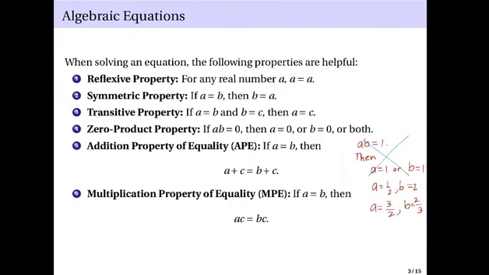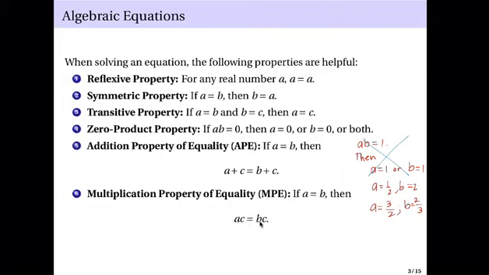And then similar to property number 5 here, we have property number 6, the multiplication property of equality. So if A equals B, then the product AC equals the product BC, whatever your C is.